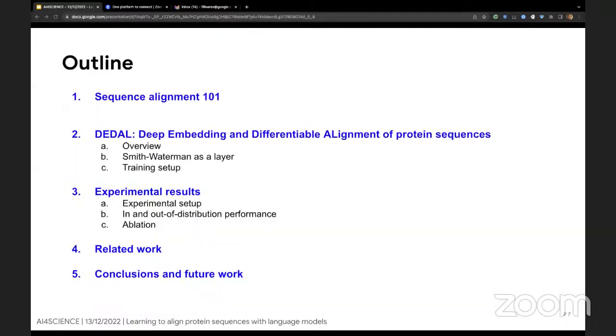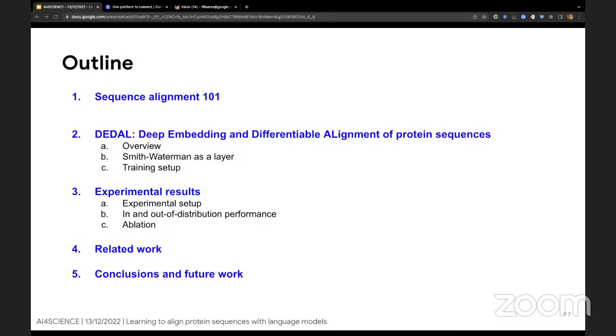And I would like to organize this talk roughly as follows. First, I will introduce the problem of pairwise sequence alignment in a mostly self-contained manner. I will explain why we care about sequence alignment in the first place, even if Michael already did a great job explaining that. I will describe how pairwise sequence alignment can be mathematically formulated and parameterized. I will introduce the Smith-Waterman algorithm and highlight some of the limitations of these methods.